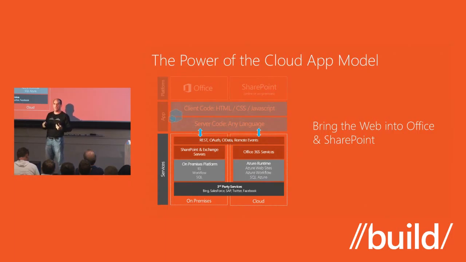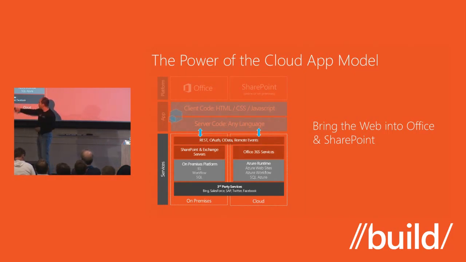That's what we designed the platform for. You start connecting to services like REST, OData, and to on-premises SharePoint and Exchange or your own custom developments or services, LOB systems like SAP, or online in the cloud to Office 365 services, any of the public services exposed by third parties like Facebook, Twitter, Salesforce.